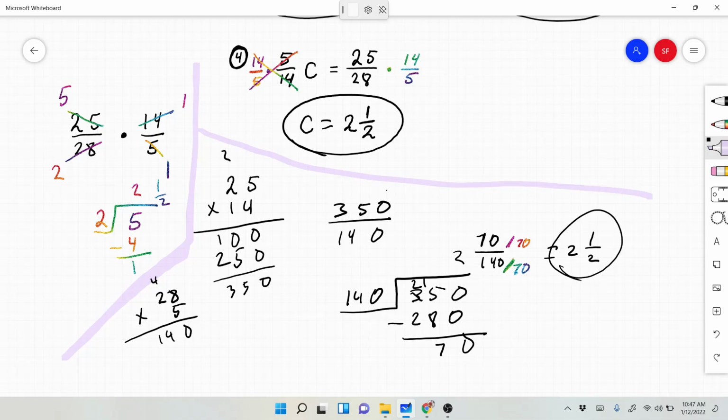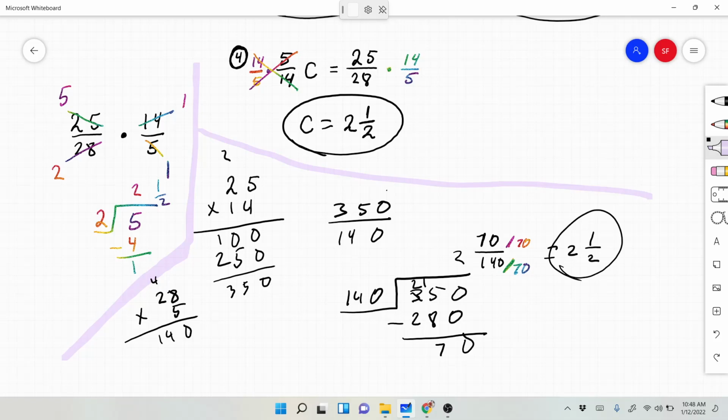So if you pre-reduce, this is the work that you do. If you reduce at the end, this is the work that you do. So y'all go ahead and finish your work on this problem. Do it whichever way, and then you can check your steps as you go. Wait, so I did get 350 over 140.